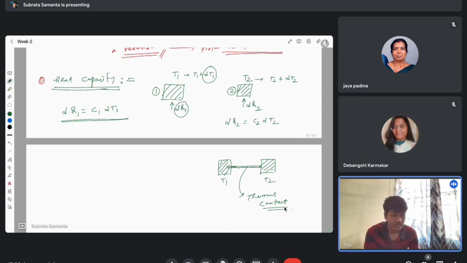The whole system reaches some final temperature Tf. When the temperatures are not equal, heat flows from one system to another. In the final situation the whole system is treated as one system with temperature Tf.